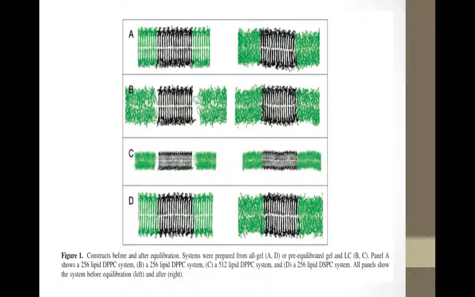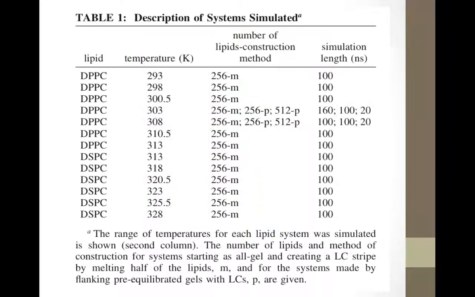All the molecular dynamics simulations were run with Gromacs 3.3 and 3.4. Table 1 is the description. The range of temperatures for each lipid system was simulated as different temperatures.